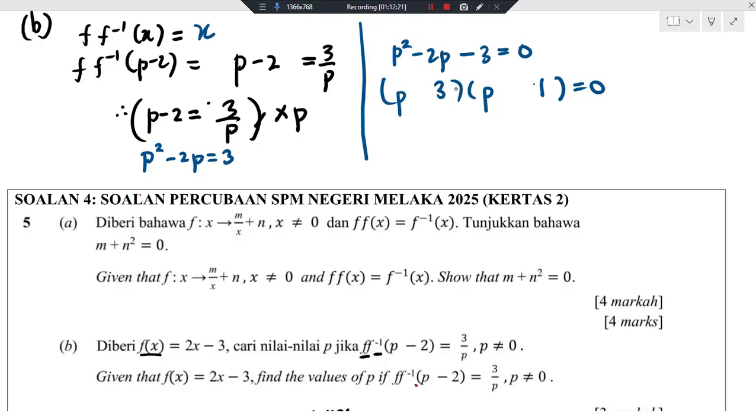Sebab tu dia bagi tahu nilai-nilai. Values. That means you have more than one answer. That's a clue. 3 and negative 1, nasib baik yang ni betul. Okay, ini betul. Okay. Nampak? Ini 3 markah tapi 4 markah tu berpanjang lela pula.